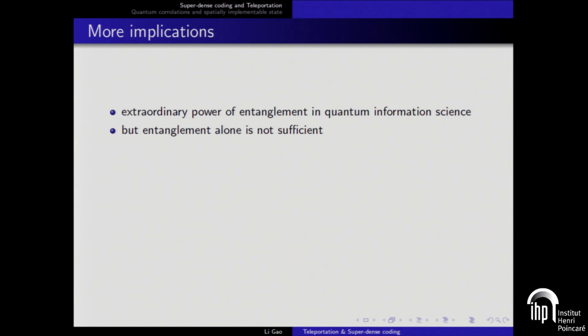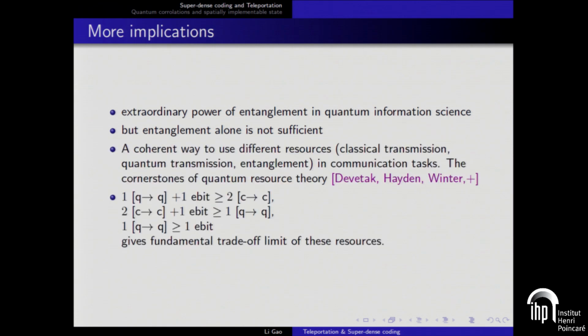Both these protocols show the extraordinary power of entanglement in quantum information science, but entanglement alone is also not sufficient to do any of these communication tasks. What it really implies is a coherent way to use different resources in quantum information, including classical communication, quantum communication, and entanglement together to do an information task.